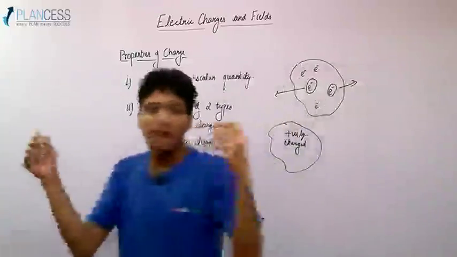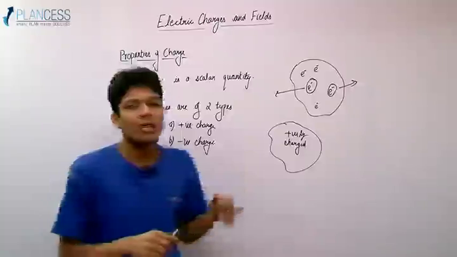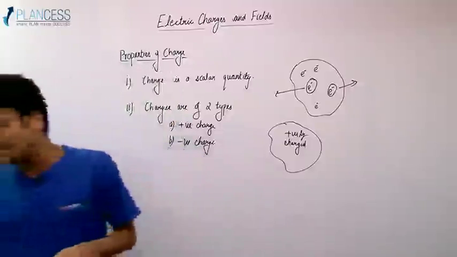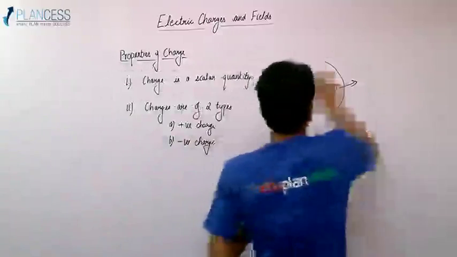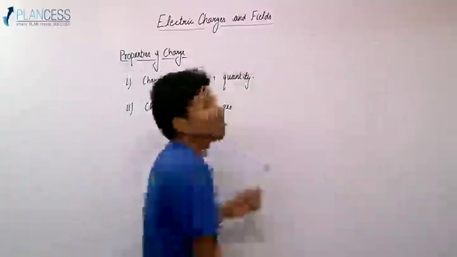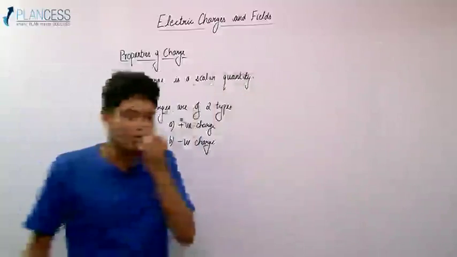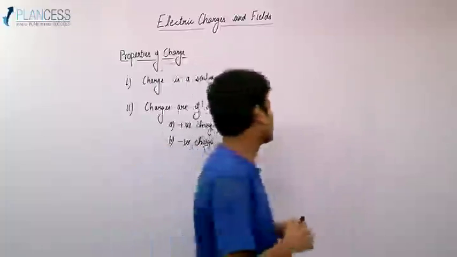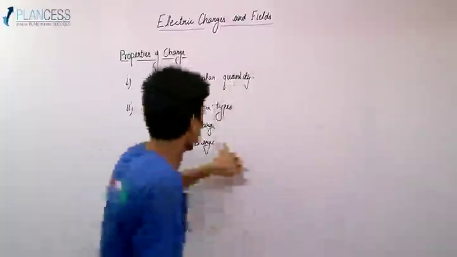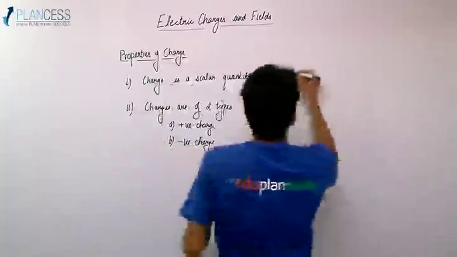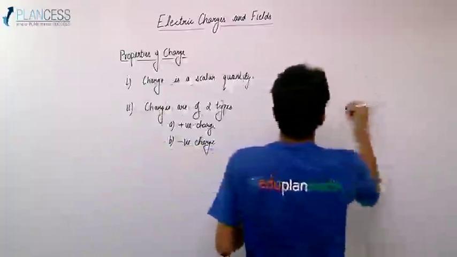And when electrons enter a neutral body, it is said to be negatively charged. So charging of a body basically depends on the flow of electrons.